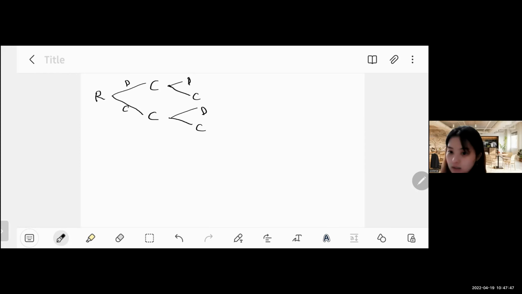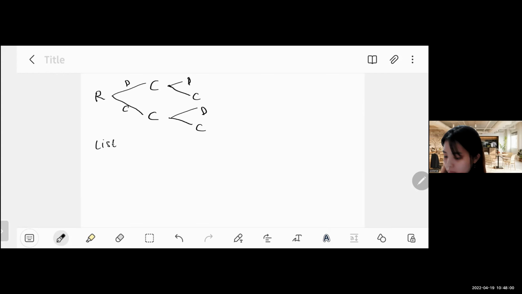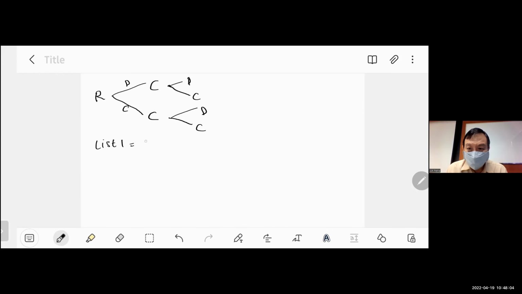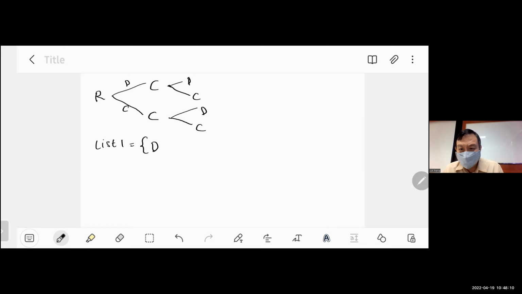So the payoff, you need to put the payoff. If the row selects D, the payoff is negative.